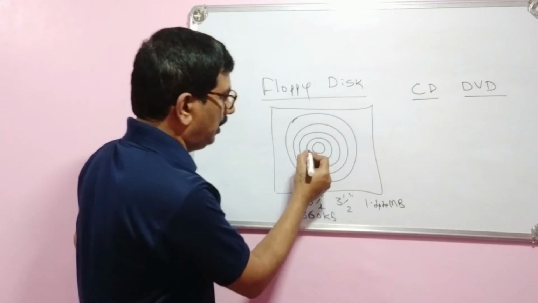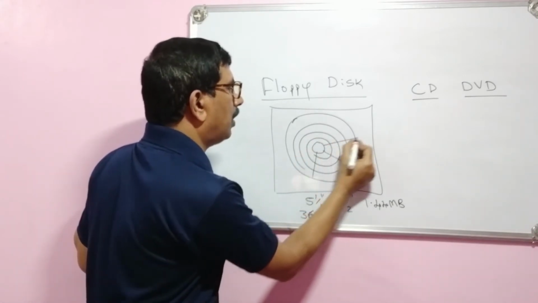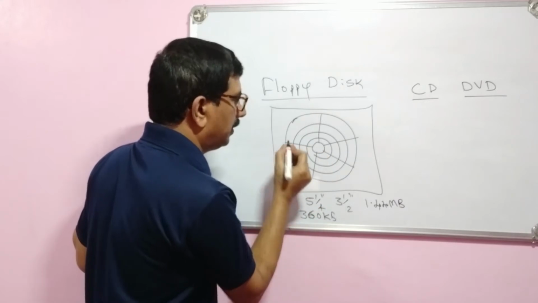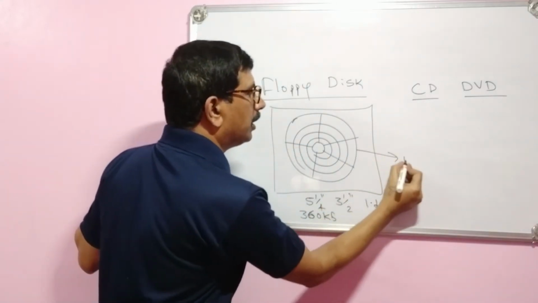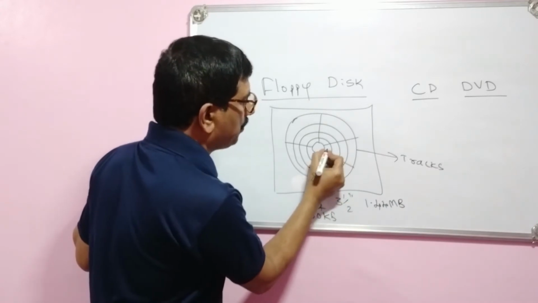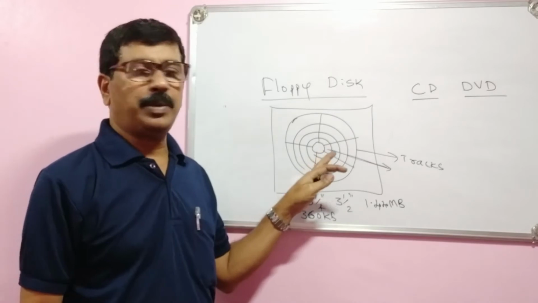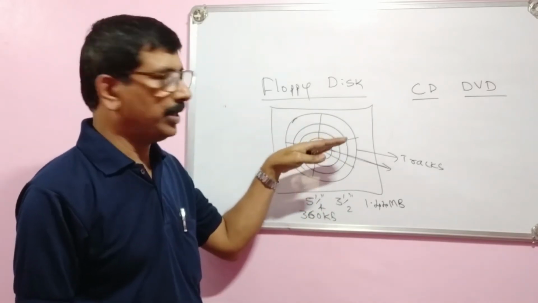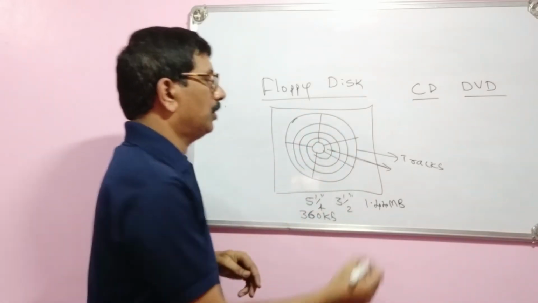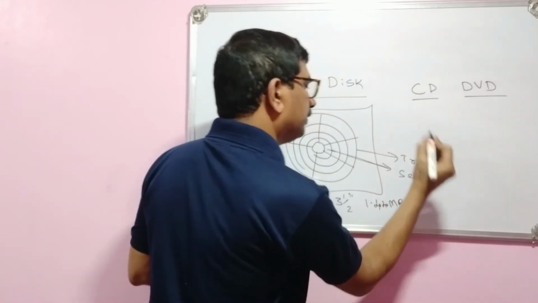That means there are circular parts called tracks, and when each circular part is divided into partitions, those parts are named sectors.